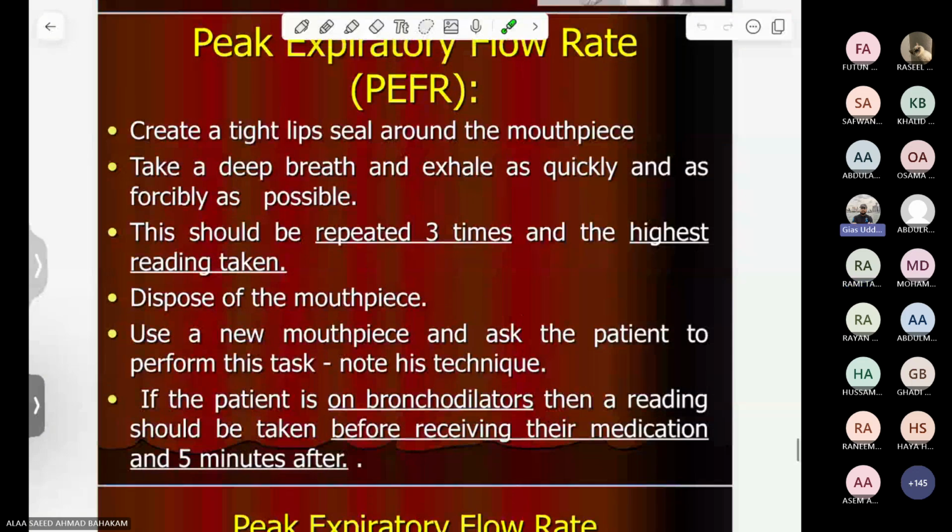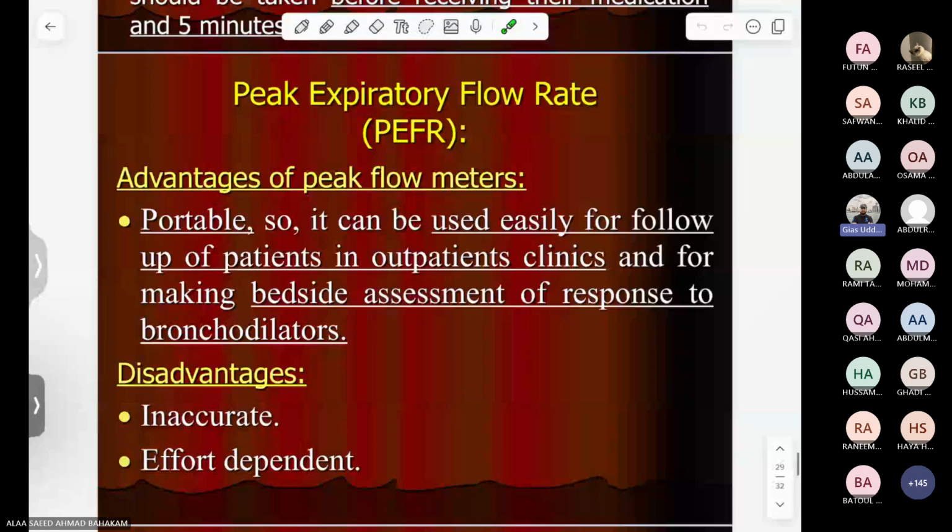So why do we use the bronchodilator? To dilate the bronchus, to dilate the airways. There are 2 types of bronchodilator, short acting and long acting. Like salbutamol is a short acting one. Okay, all right, good. Go to the next one.